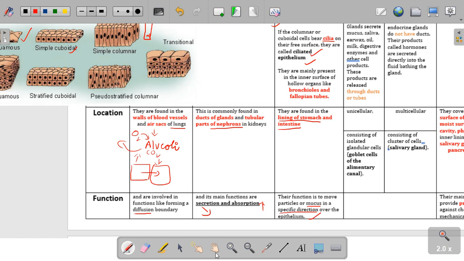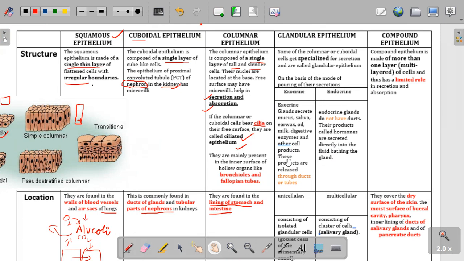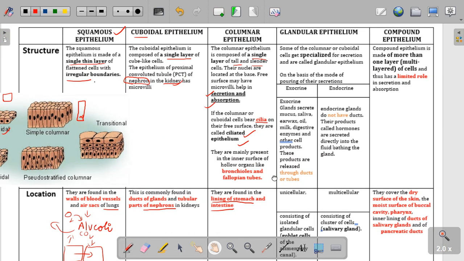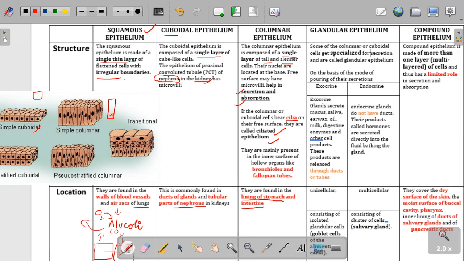And here comes the glandular epithelium. Glandular are nothing but cuboidal cells. Even the cuboidal or columnar epithelium cells become specialized and start secreting something. Suppose they secrete enzymes, all of them come under exocrine glands, and if they secrete hormones, they come under a category called endocrine.